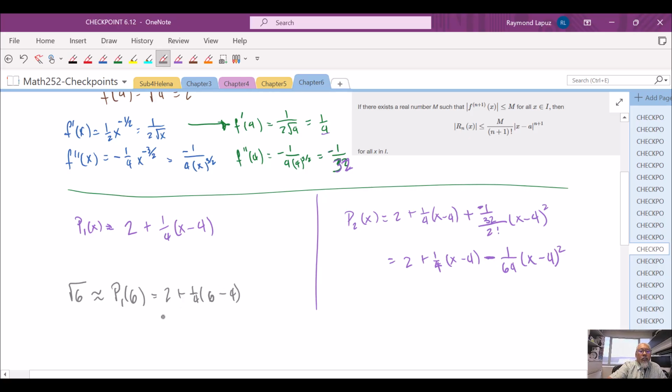So this is just 2. This is going to be 2 plus 1/4 times 2. I believe that is a 1/2. 2 plus 1/2 is 5/2. I suppose we want to put that into the calculator and get 2.5.